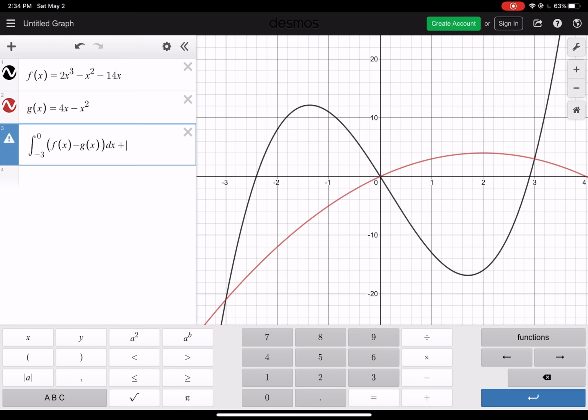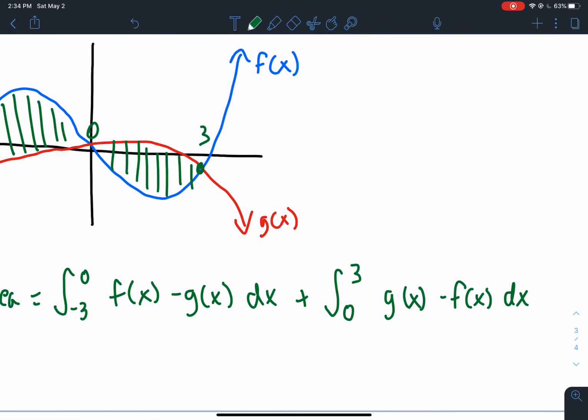And then you're going to add with that the integral from 0 to 3, and that's going to be g of x minus f of x. That's the second area. The red line's on top, the black line is on the bottom. So it looks like our answer here is going to be 81. Your final answer is 81.